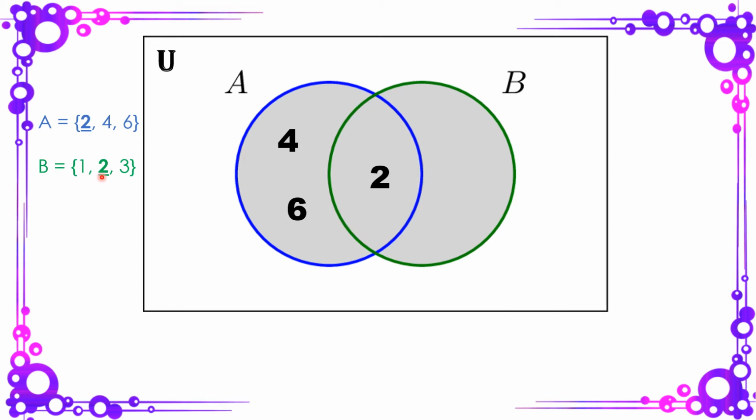So again, we have the same possible outcome: number 2 in A and number 2 in B. So we need to put it in this overlapping part from A and from B. And for letter B, this green circle, we have here 1 and 3.